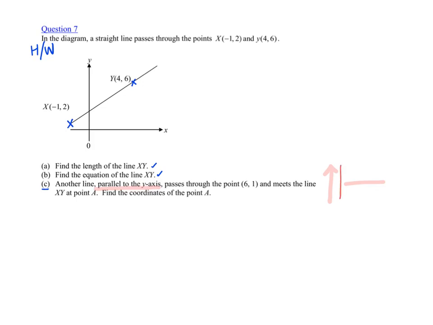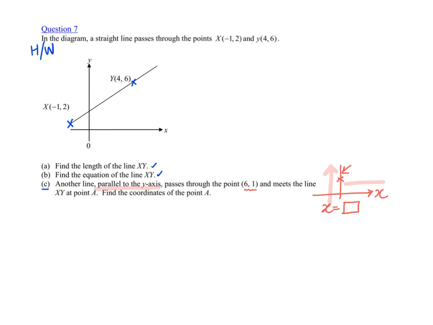So if it's a vertical straight line, this straight line cuts which axis? This line over here will cut the x-axis. So let's check. The equation of this line will only have x equals to something. And it tells me that this line passes through the point (6, 1).